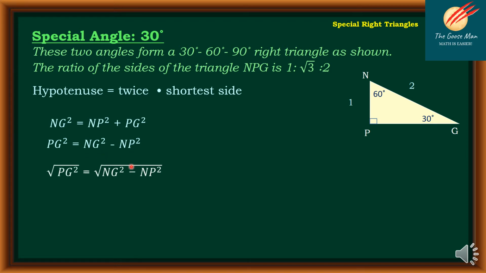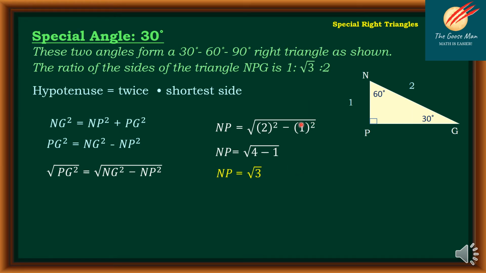Then extract the roots of both sides. So PG is equal to the square root of NG squared minus NP squared. Substituting the values, PG is equal to the square root of 2 squared minus 1 squared, which is the square root of 4 minus 1. So PG is equal to square root of 3.